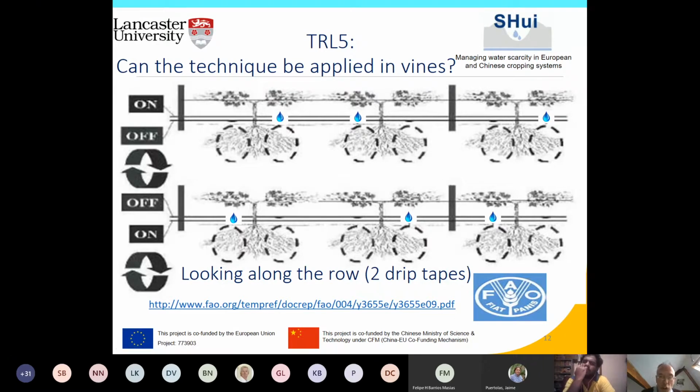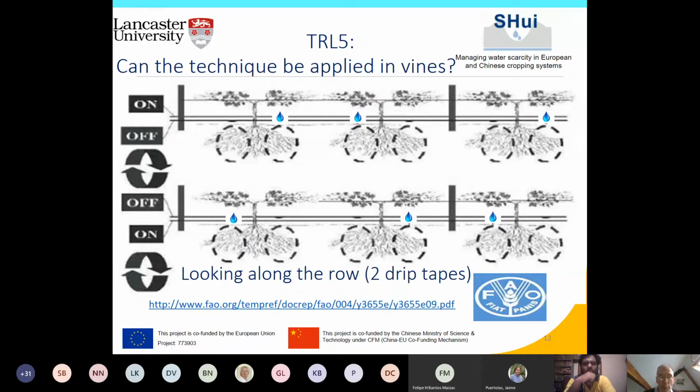So for the initial irrigation cycle, you can see you've got a dry part of the root system on this vine, a dry part of the root system here, and a dry part of the root system here. And then these parts of the root system here have been irrigated.